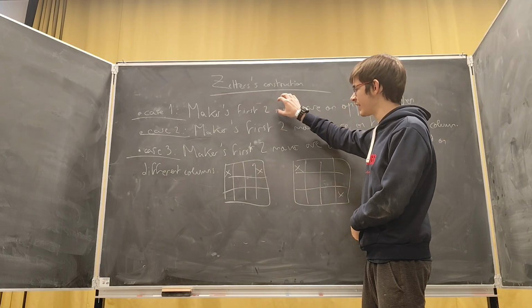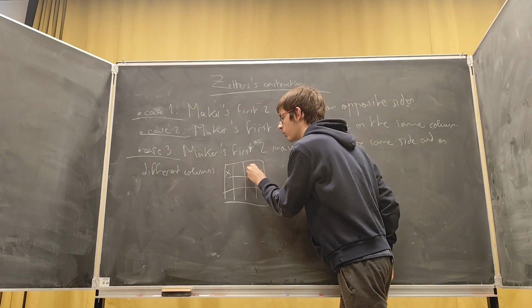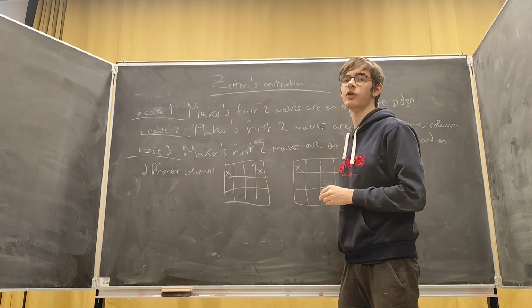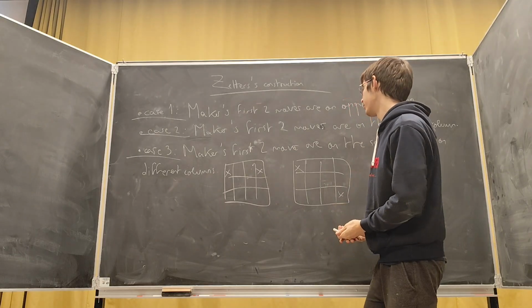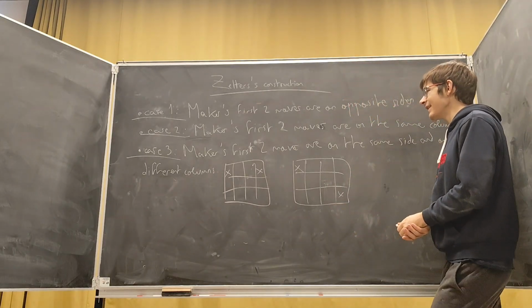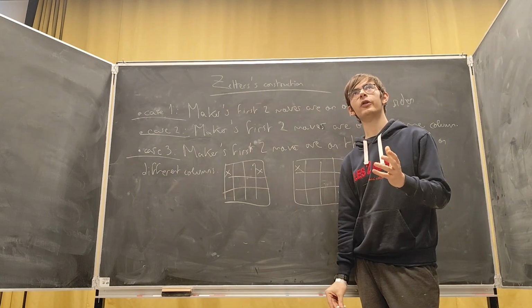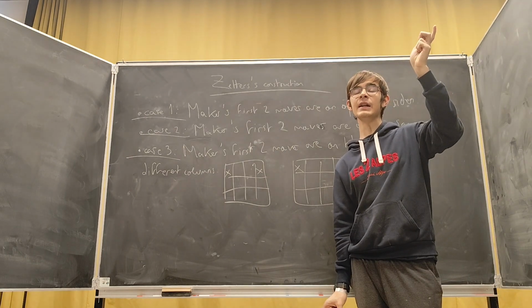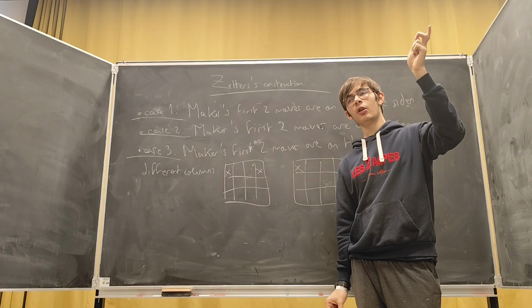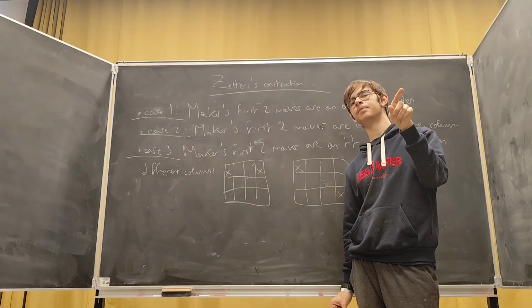But the difference with this case is that actually we cannot ensure that these two middle columns are occupied by breaker after breaker's first two moves. Right? Because since maker plays on the same side, well, remember that let's say if maker starts in column A, then breaker will occupy the small diagonal square that's in column B.